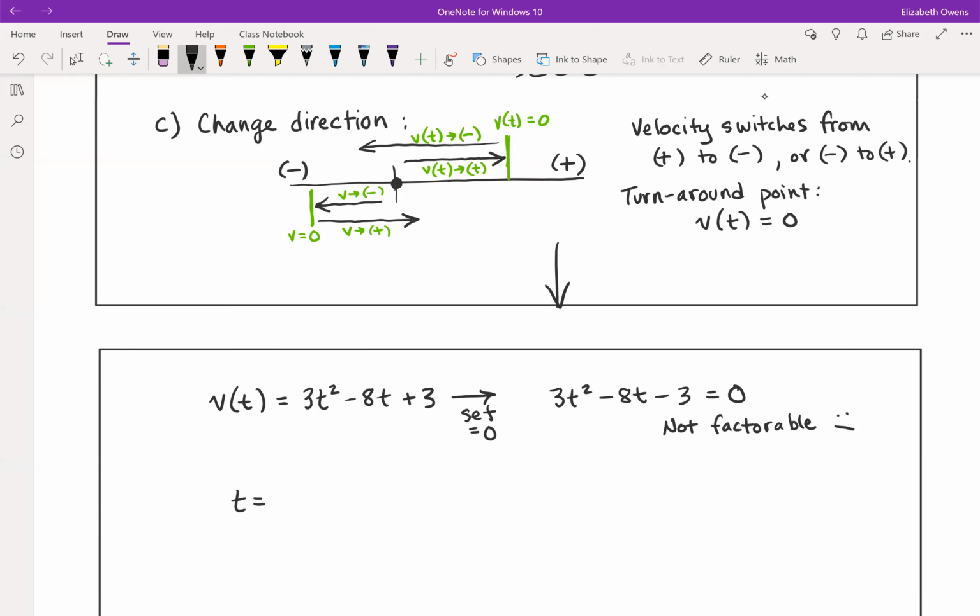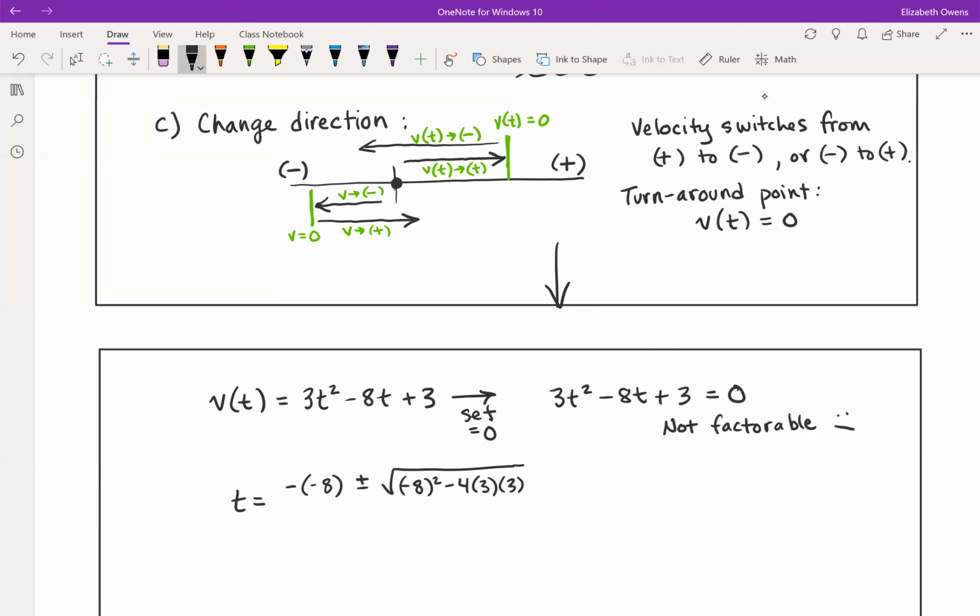Solving for t equals negative b plus or minus the radical of b squared minus 4ac. Oops, that was a plus. I knew something looked weird there. That would have been nice if it was a minus. Wishful thinking.